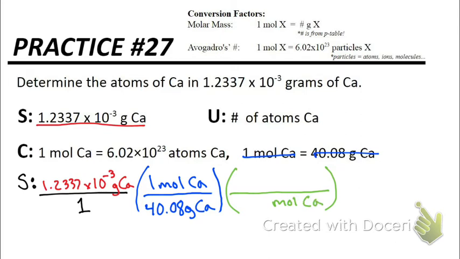How many moles of calcium? Well, we already used this conversion factor up, so we can't use it again. But this one has moles, so we know it's going to be 1 mole of calcium is equal to 6.02 times 10 to the 23rd atoms of calcium. I've already used one half of the conversion factor, so we're going to use this second half on top.